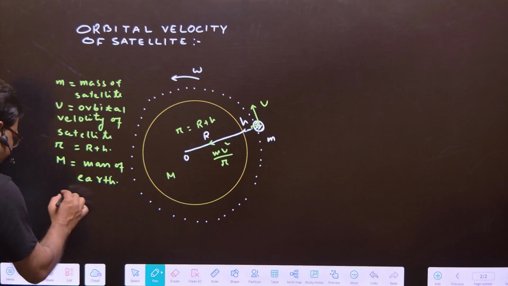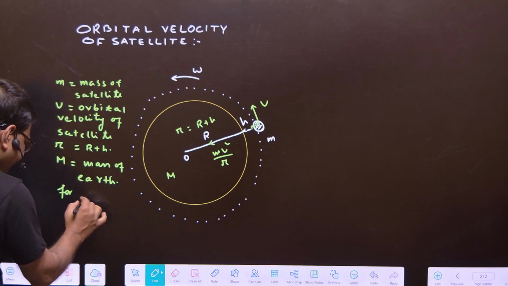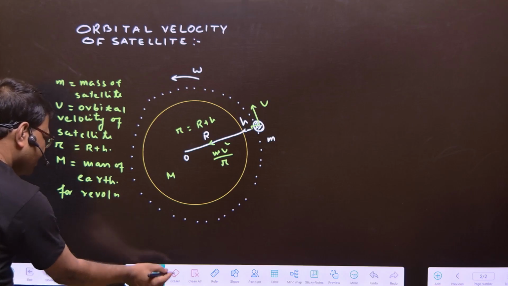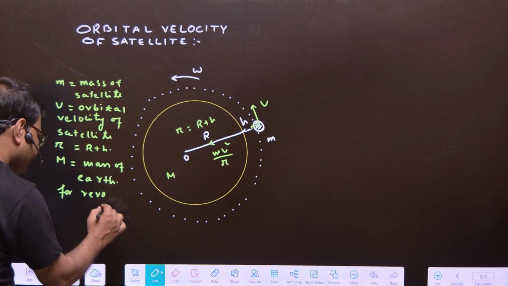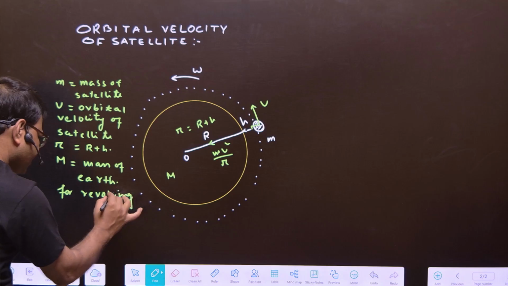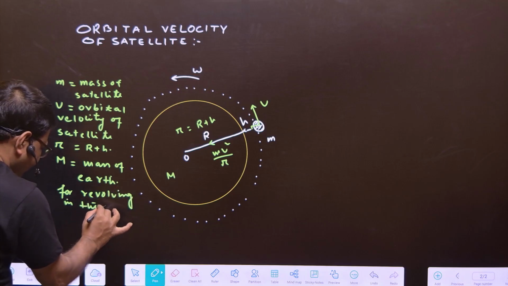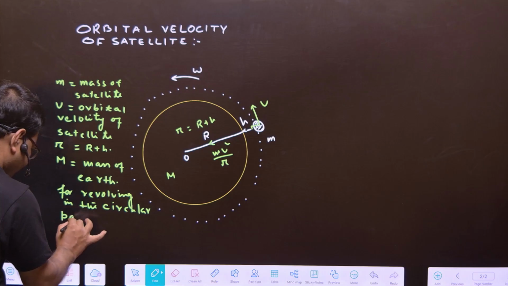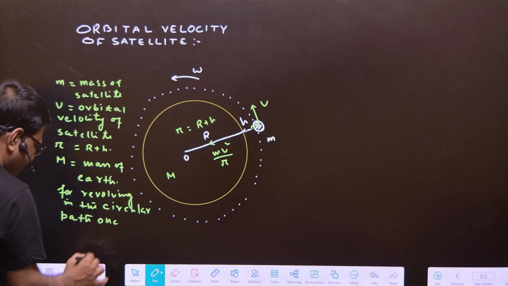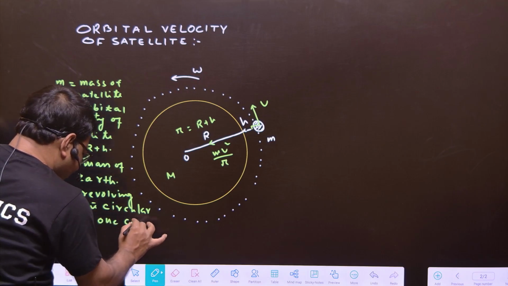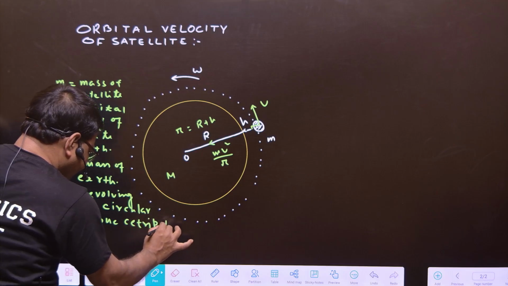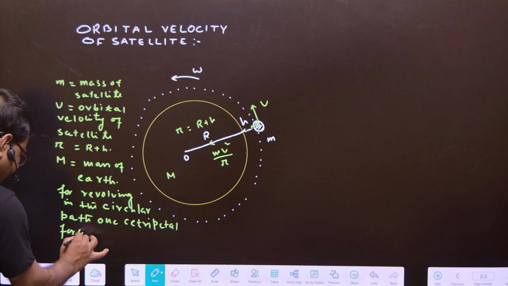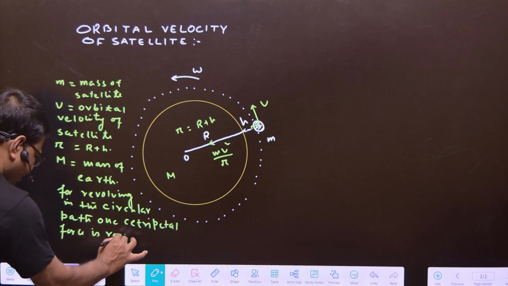I am writing here: for revolving in a circular path or orbit, one centripetal force is required or needed.